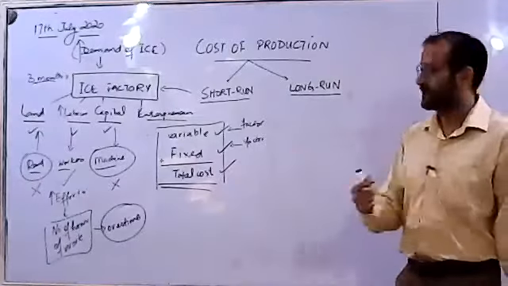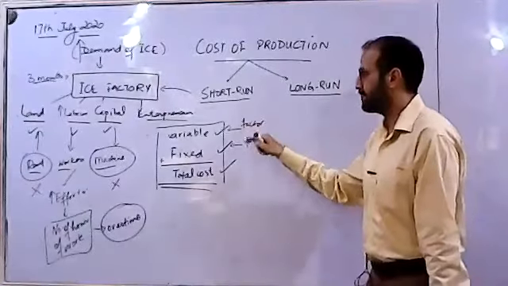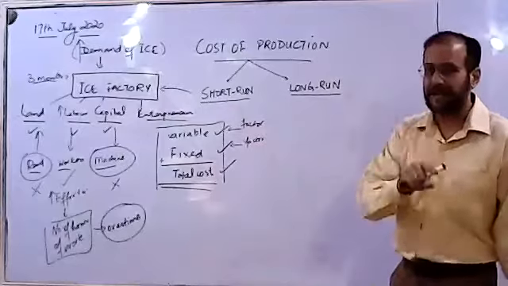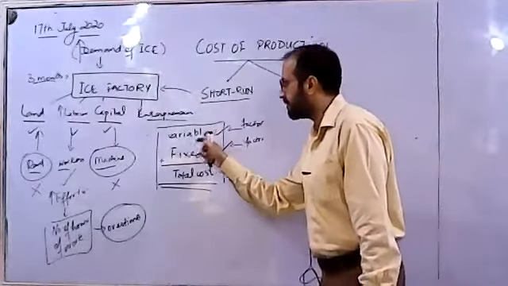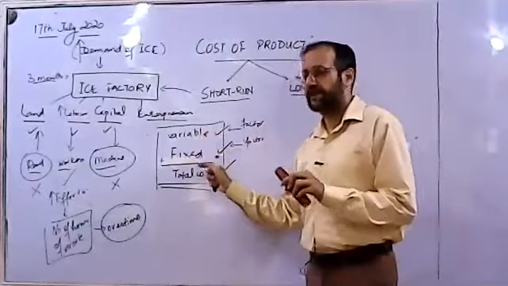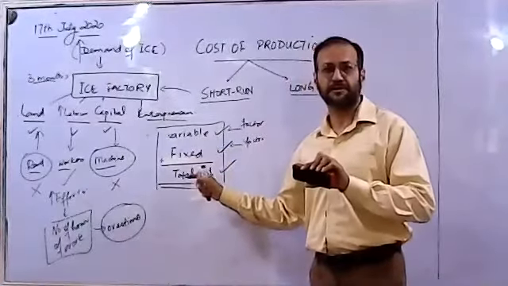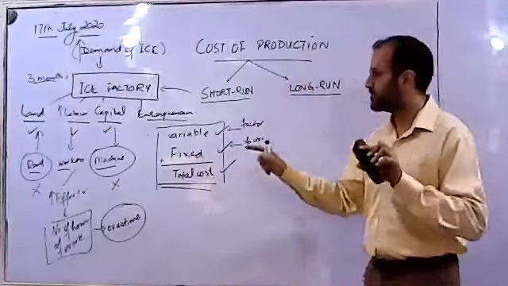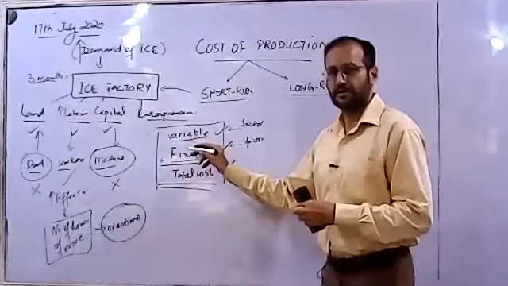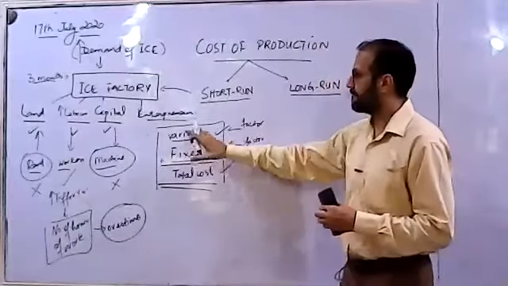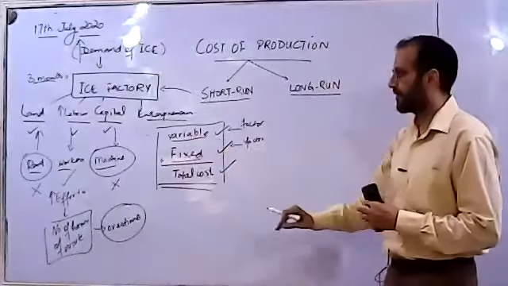If some factors are variable and some fixed, that clearly explains why in the short run we have variable costs and fixed costs. Usually we discuss these two together, so the short run has variable cost and fixed cost together.